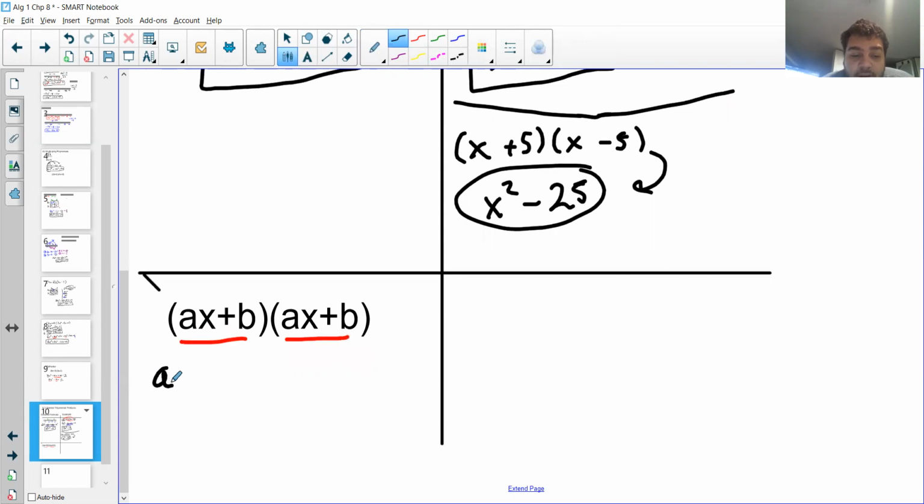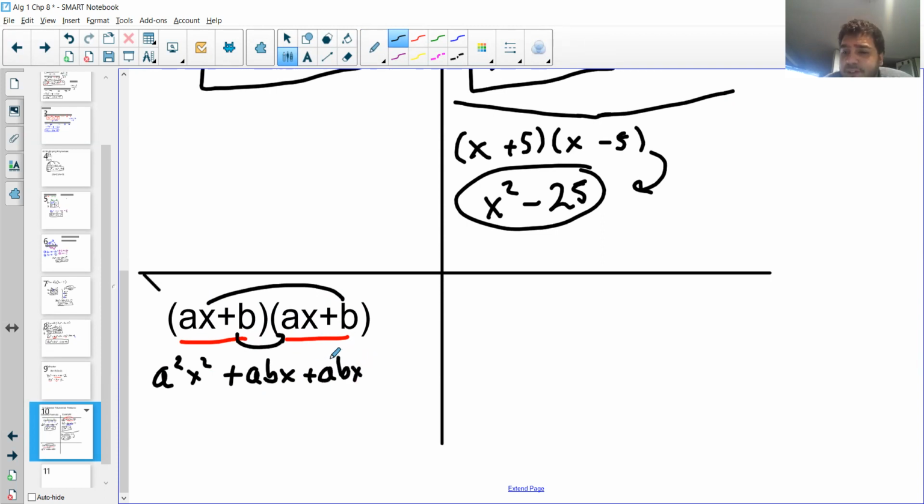So what would occur is ax times ax, so a squared x squared. Ax times b, which is plus abx. This one, b times ax, which is going to be the same thing, abx.